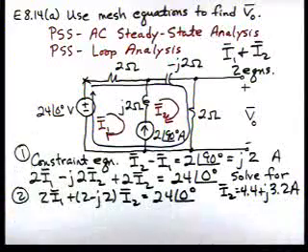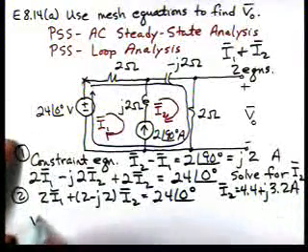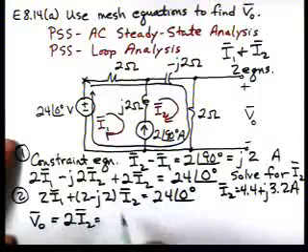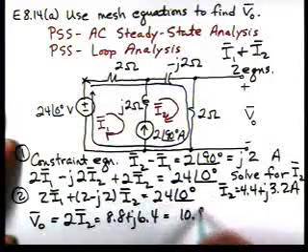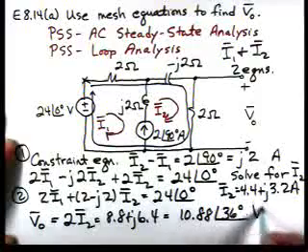We solved for I2 because that's what we need. Now V0 is 2I2. So we have 8.8 plus j6.4, which is 10.88 at an angle of 36 degrees volts.